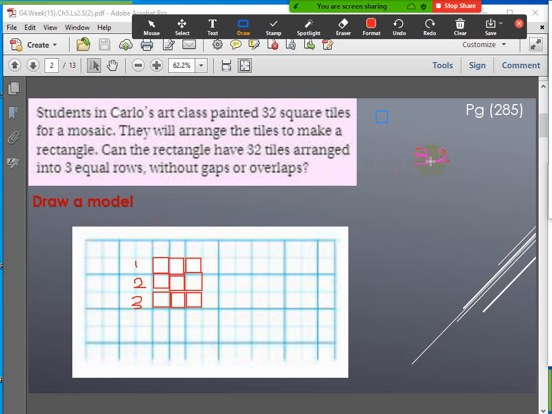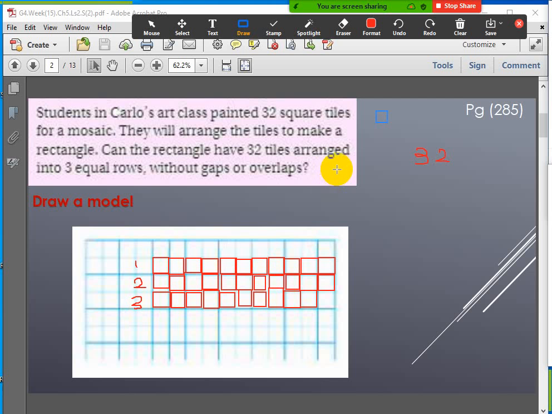I have to continue to reach 32. 10, 11, 12, 13, 14, 15, 16, 17, 18, 19, 20, 21, 22, 23, 24, 25, 26, 27, 28, 29, 30, 31, 32.